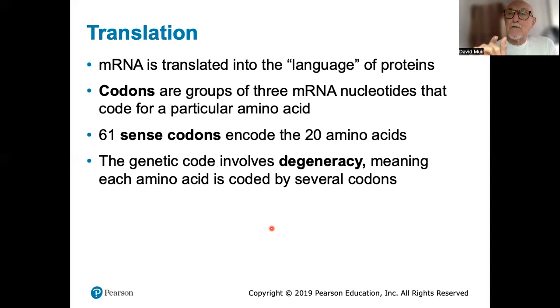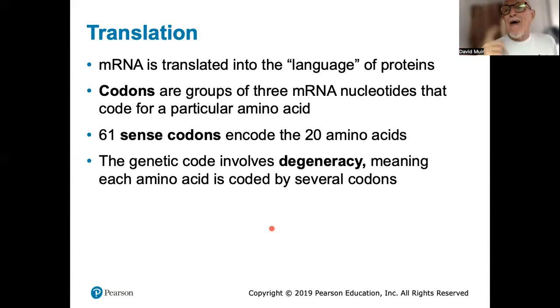They're grouped into groups of 3. Each group of 3 is called a codon, and each codon is specific for something, usually an amino acid, sometimes for an action, sometimes for an action and an amino acid. It'll become clear in a minute.